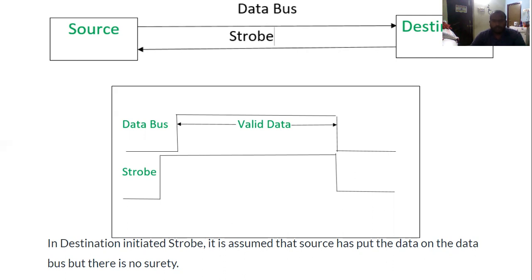Which means that on receiving the command, the source will put the data on the data bus, but we have no surety that the requested data kept by the source is actually on the data bus. So in destination initiated strobe, we don't have surety that the data is in the data bus.